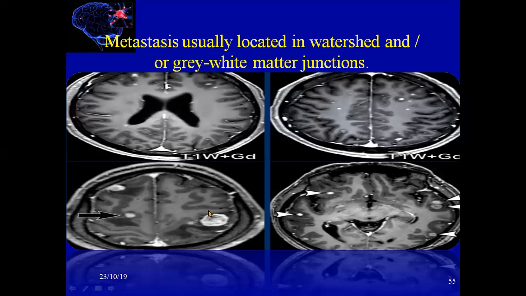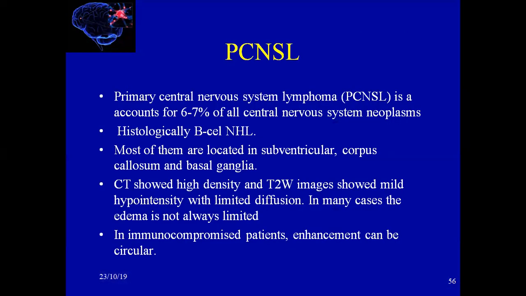As we see, this is a clear picture, a lot of small metastases here. This picture shows the tumor at the gray and white matter junction or watershed area. Maybe it will be metastasis.